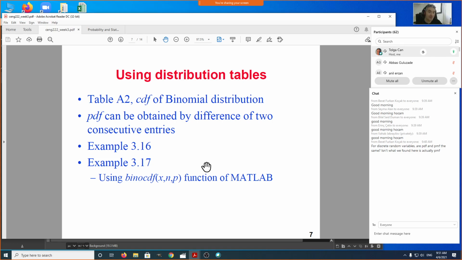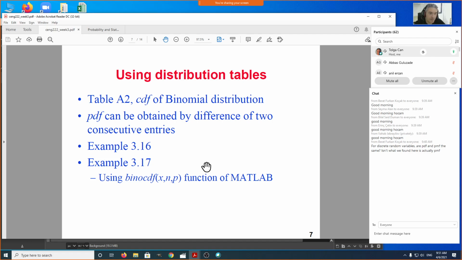Therefore, to refer to them in the most correct way, we have to call them probability mass function. So we should refer to discrete random variable distributions as probability mass function, but sometimes when you see they are referred to as probability density function, that's okay. You're going to understand they mean the same thing.